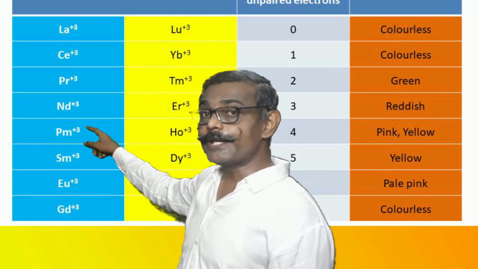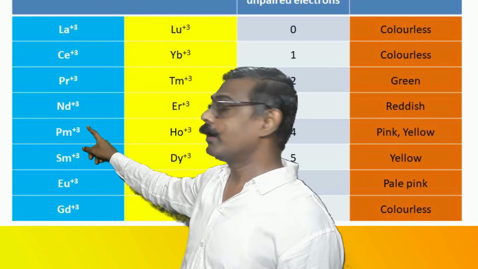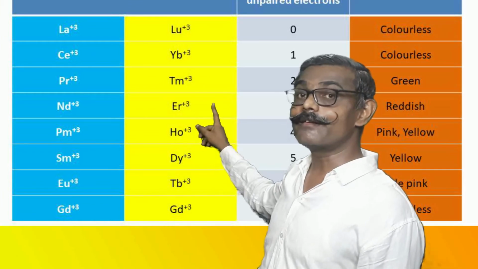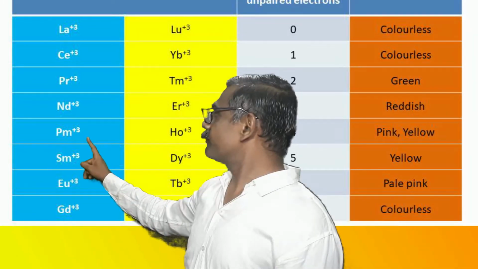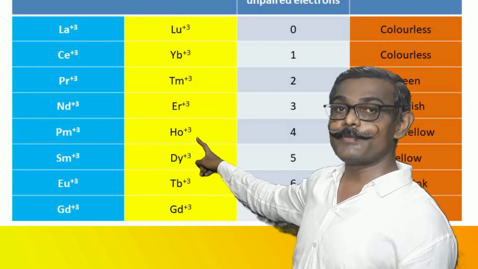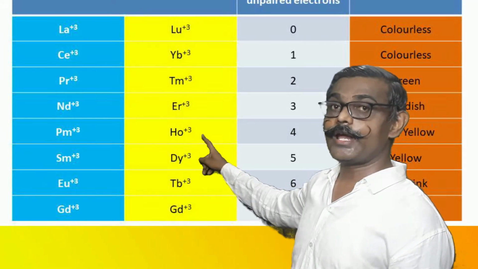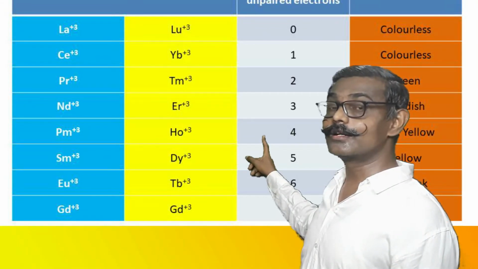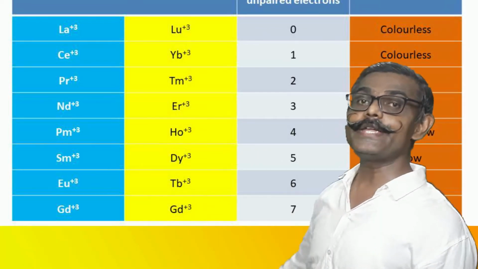Next, neodymium, nudon, and erbium, ear, both were red. Next, promethium, prime minister, and holmium, horse, both have colors yellow and pink.